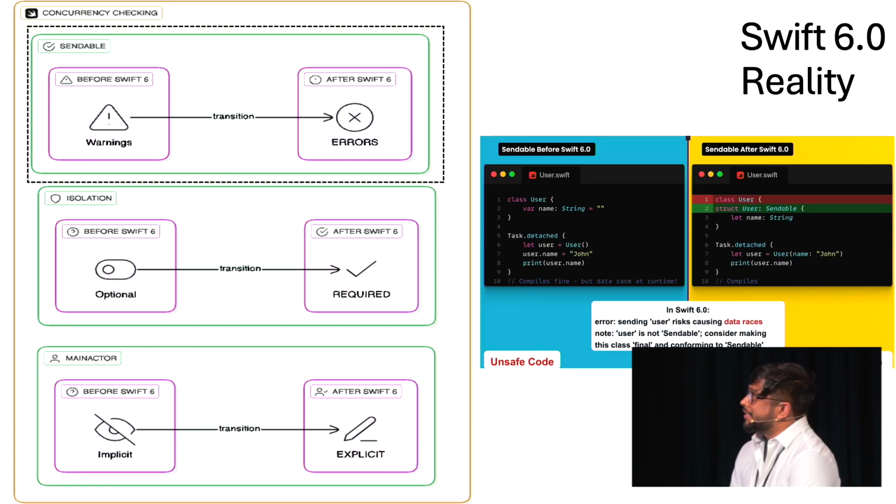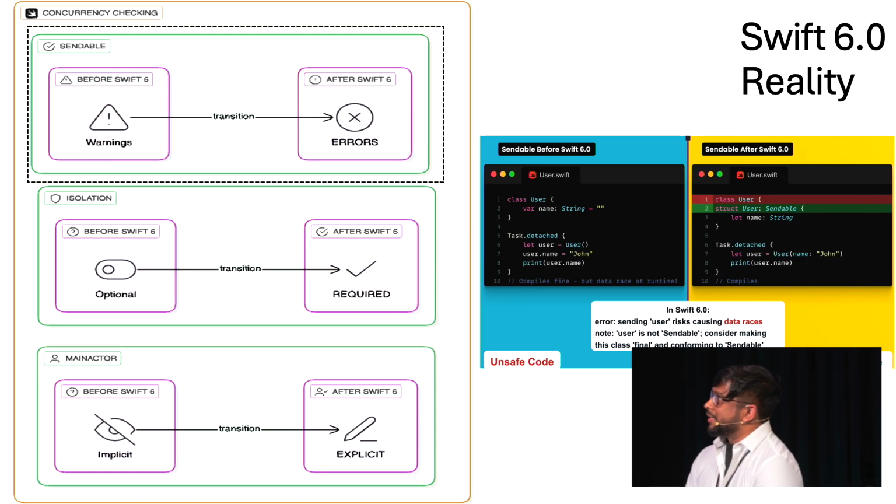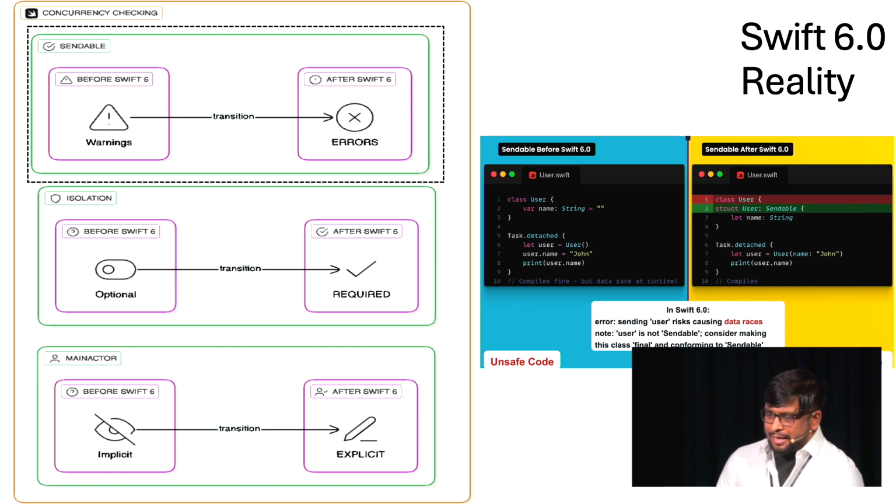We had a code base before Swift 6, zero errors, everything compiled, life was good. When you flip the switch to Swift 6 language mode, you get so many errors. Let me break down what actually happened. The Sendable issues, those were warnings. Now they are errors and won't compile anymore.